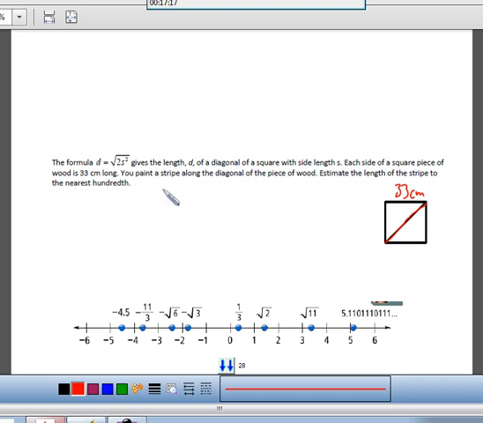Okay, so we're going to just use our formula. D equals square root of 2s squared. I'm going to plug 33 in for s. D equals square root of 2 times 33 squared.